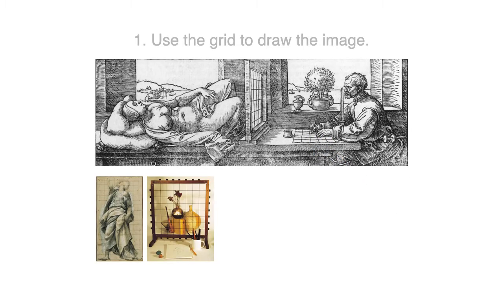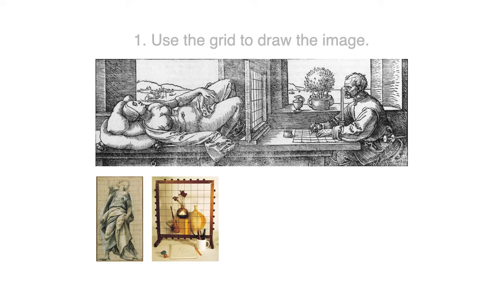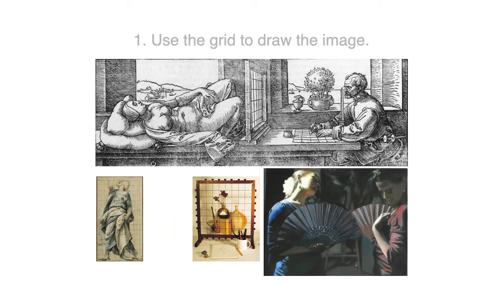In fact, on the left you can see an ancient drawing that has the grid over it so it can be transferred onto a wall. And then also there is the wire drawing grid in front of a still life with a gridded piece of paper.